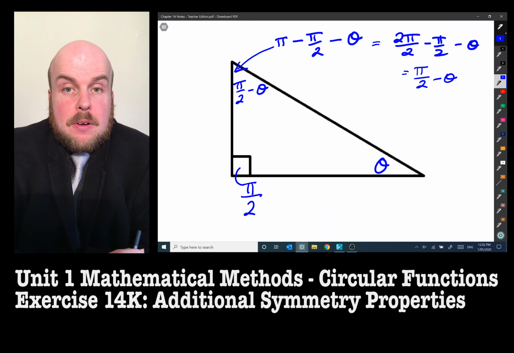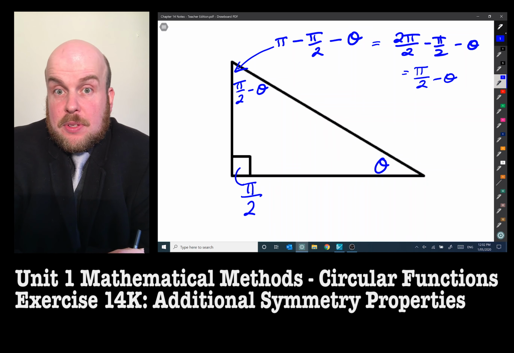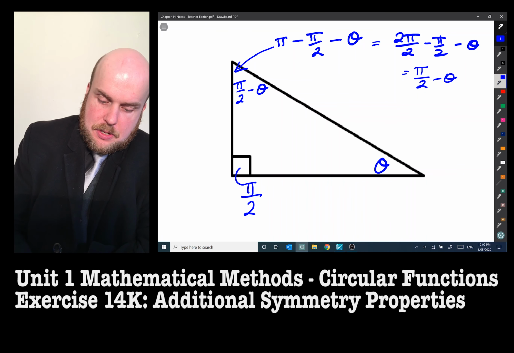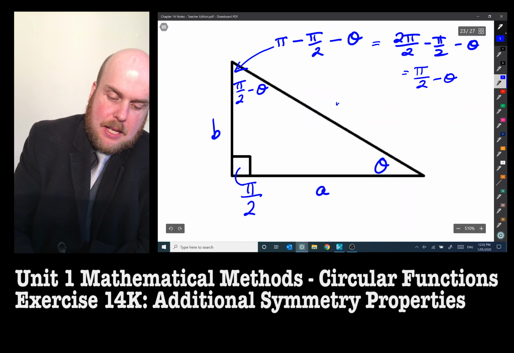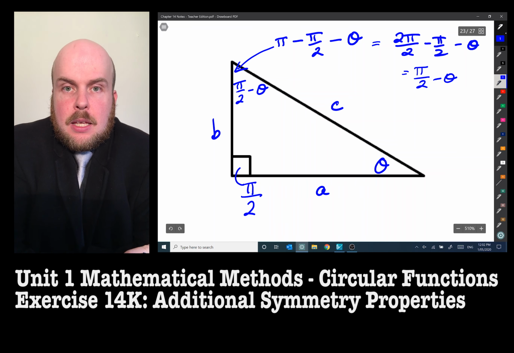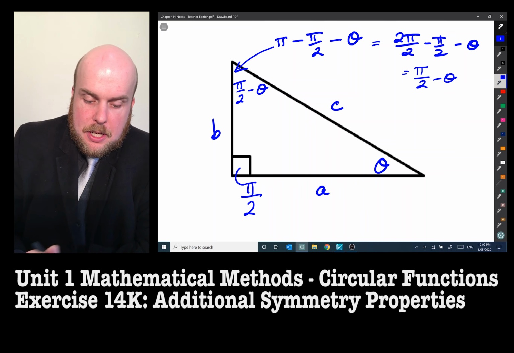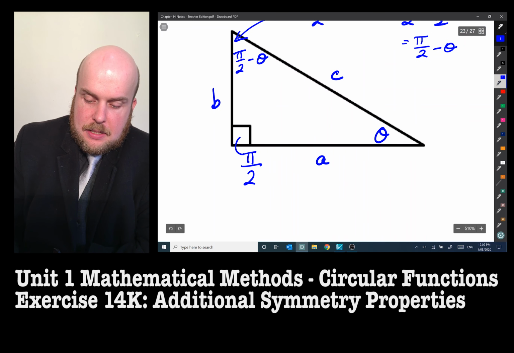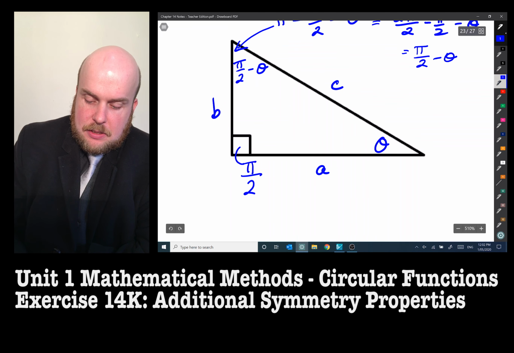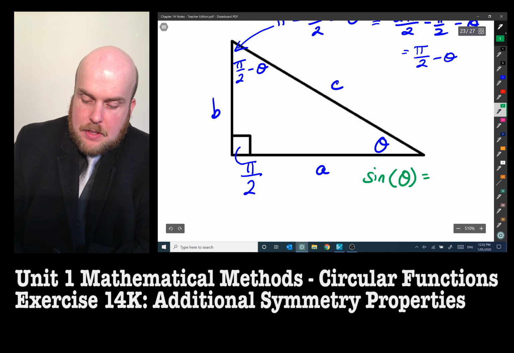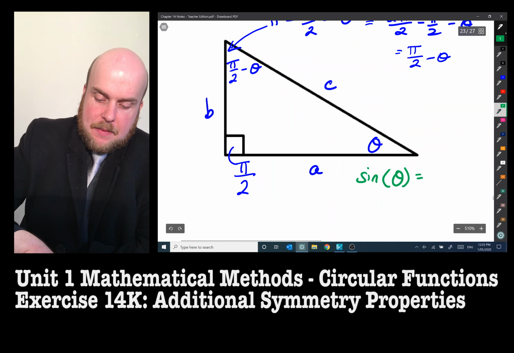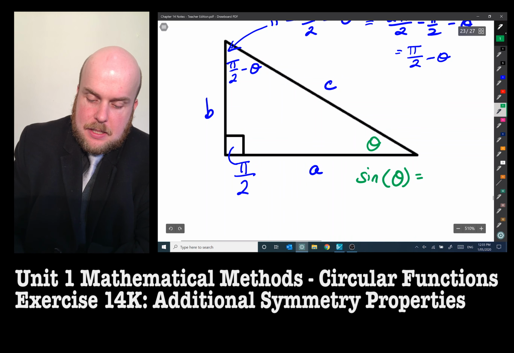What I'm going to do now is label the sides A, B, and C as I wish. Well, if I was to do, say, sine of the angle here, this one at the bottom, in fact, I might even color code this one here.